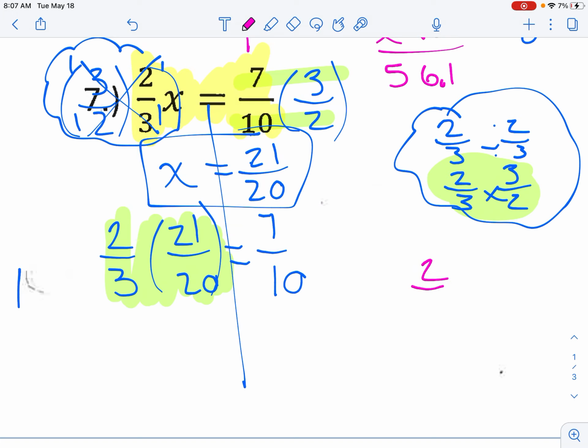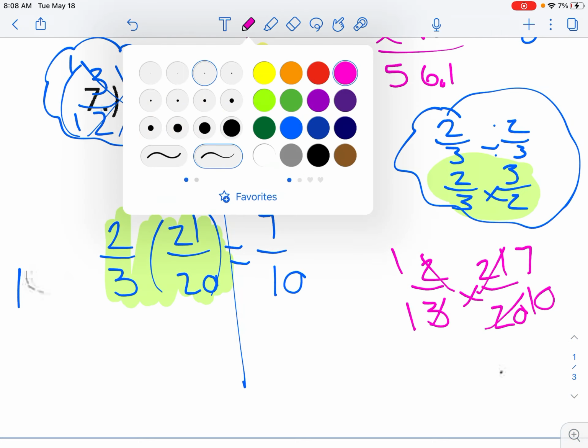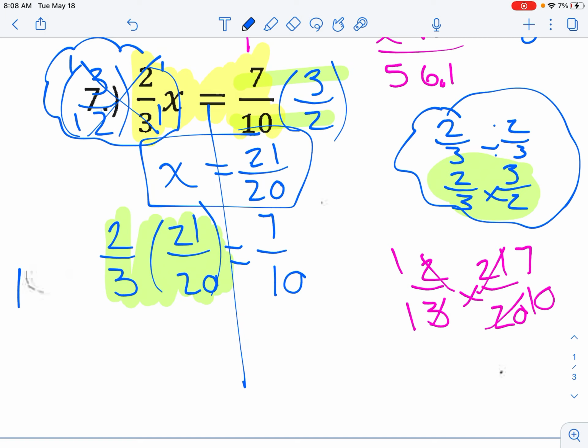So I'm going to come over here and multiply 2/3 times 21/20. Divide by 3, divide by 3, divide by 2, divide by 2, and 1 times 7 is 7, and 1 times 10 is 10. So 7/10 equals 7/10. Check.